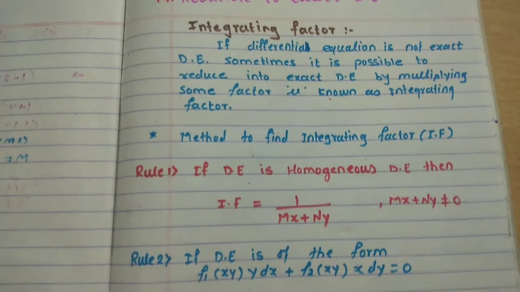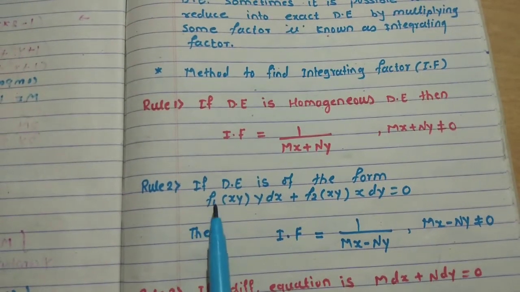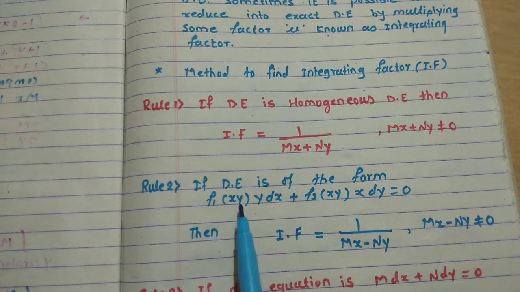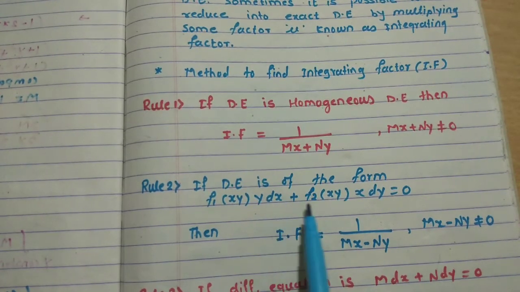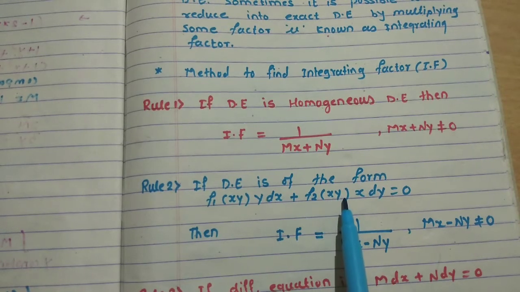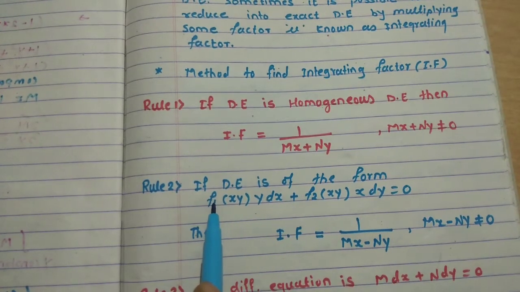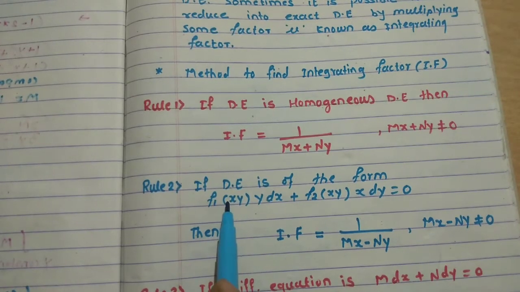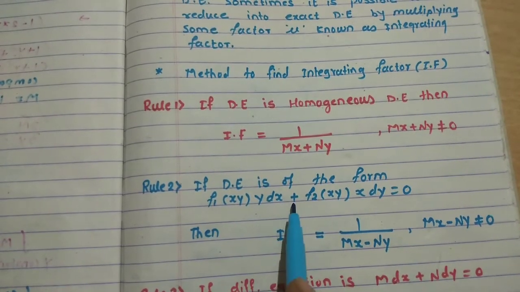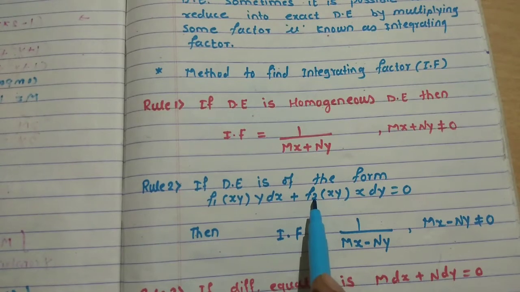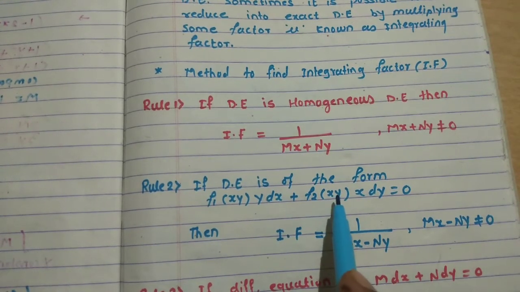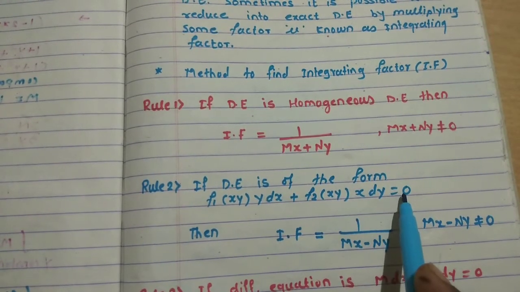Now come to the second rule. If the differential equation is of the form f1(xy) dx plus f2(xy) x dy is equal to 0. What is the meaning of this? This means there is one function f1, which is a function of the product xy, times dx, plus a second function f2, a function of the product xy, times x dy, is equal to 0.